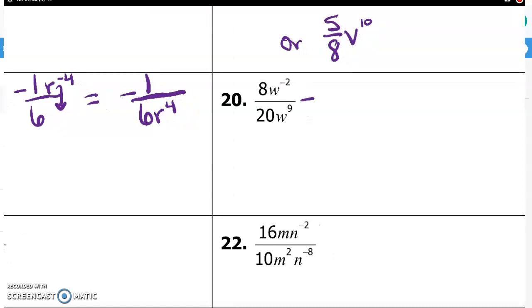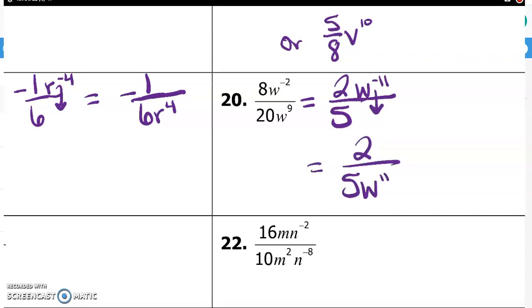Number 20, that can be simplified to 2 over 5. Negative 2 minus 9 is negative 11. So 2w to the negative 11 over 5. So now the w needs to go down below. 2 over 5w to the 11th.